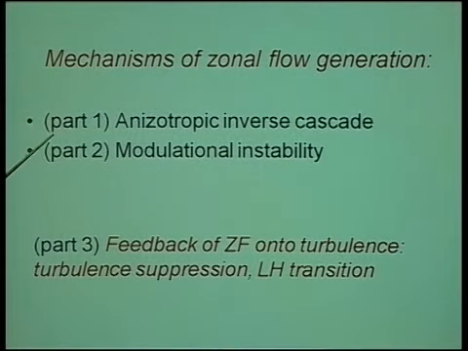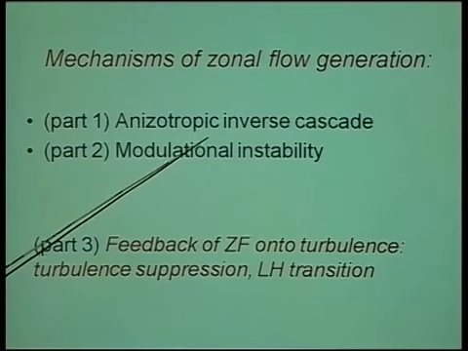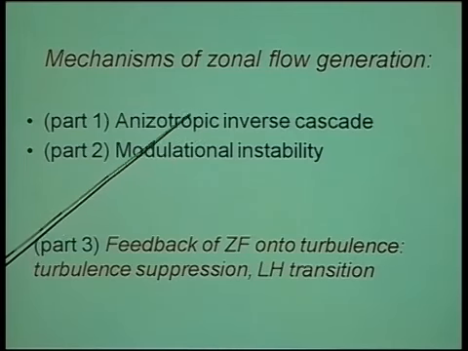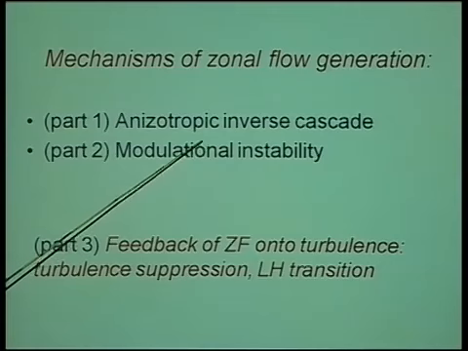What I'll tell you about has 3 parts, but I'll keep it short. First, the anisotropic inverse cascade, and how it generates zonal flows. Second, modulational instability, and how it generates zonal flows.